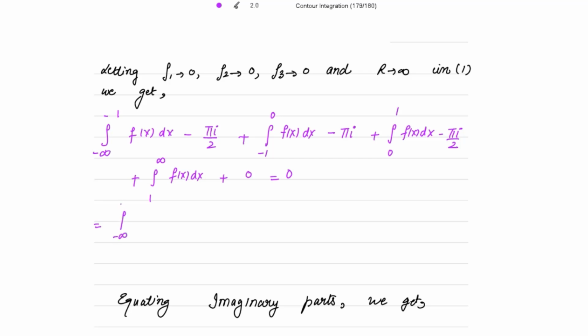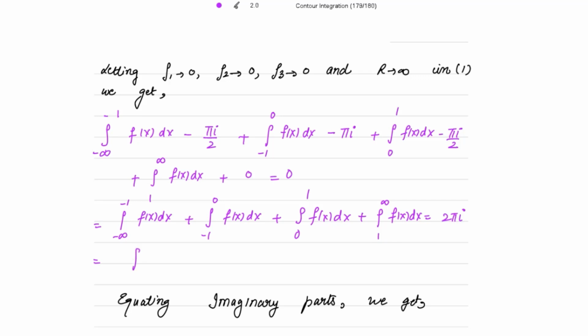So minus infinity to minus 1 f of x dx plus minus 1 to 0 f of x dx plus 0 to 1 f of x dx plus 1 to infinity f of x dx is equal to 2 pi iota. Now this is from minus infinity to minus 1, then minus 1 to 0, then 0 to 1, and 1 to infinity.